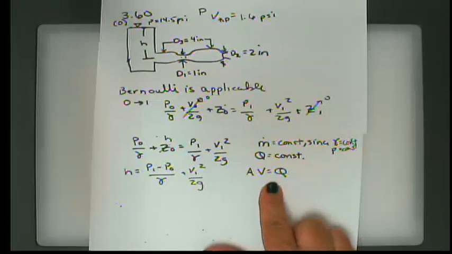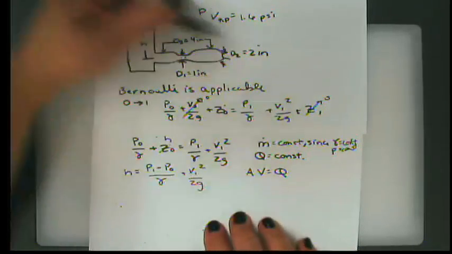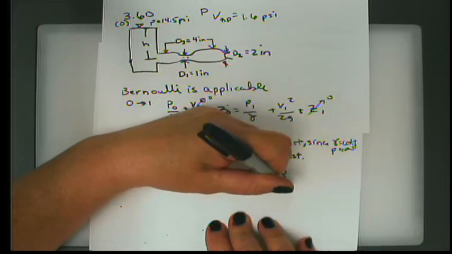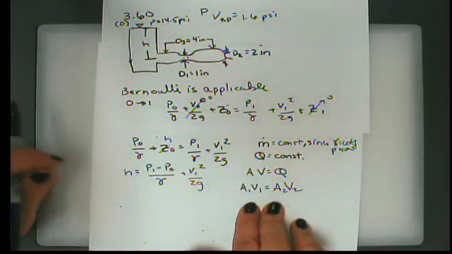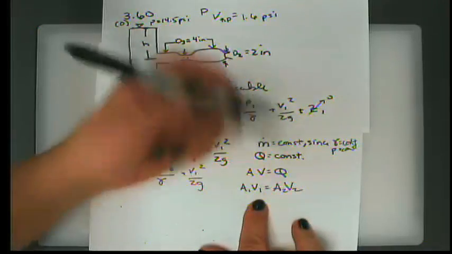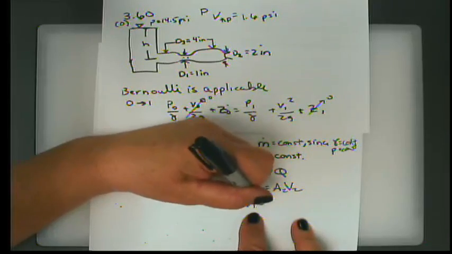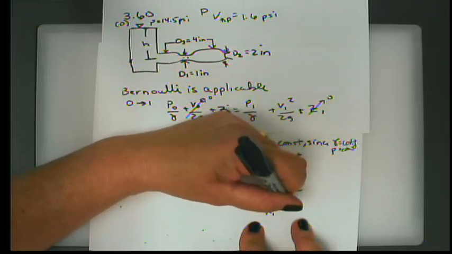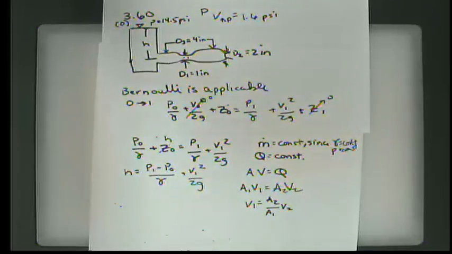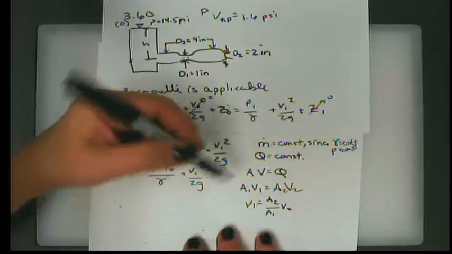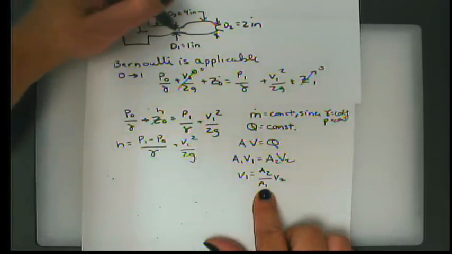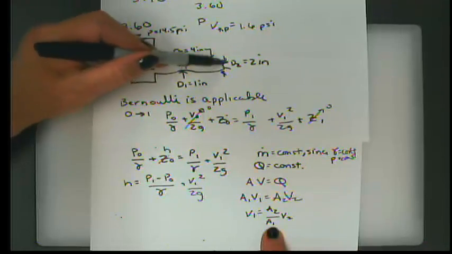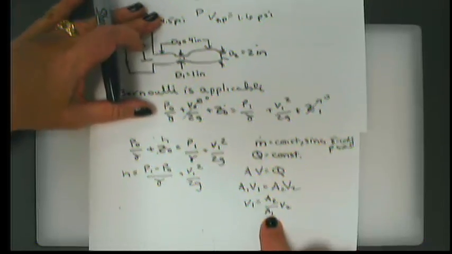All right. So if we go from point 1 to point 2, we can say A1 V1 is equal to A2 V2. And that gives us another equation to work with. Or we could solve for V1 in terms of V2. It's the ratio of A2 over A1 times V2. Now we could further assume that at point 1 the pipe is circular, and at point 2 the outlet is circular.